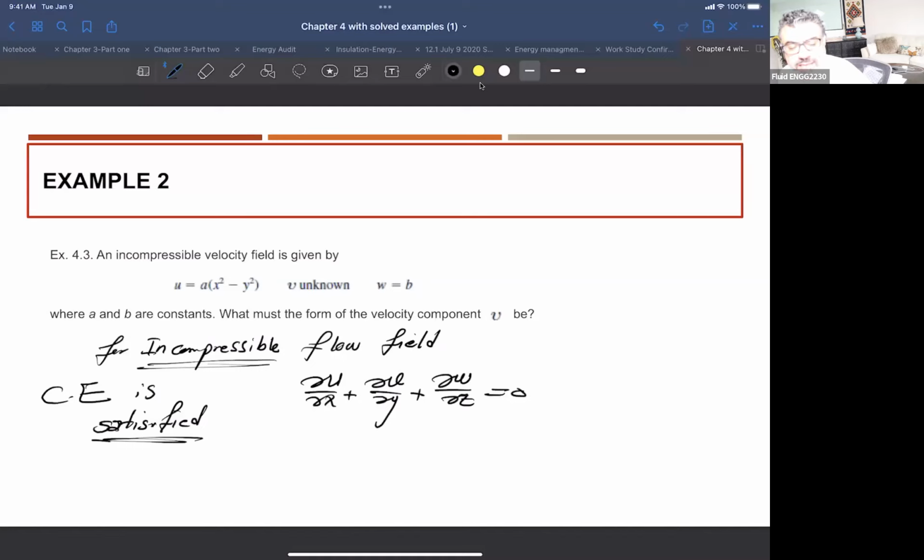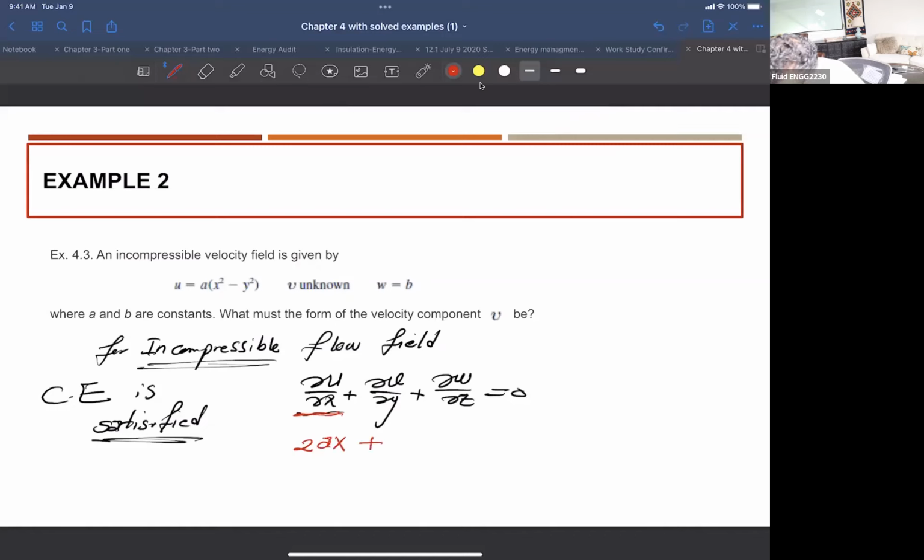When you differentiate with respect to x, y square is gone. Thank you. Okay, so this du by dx is 2ax.